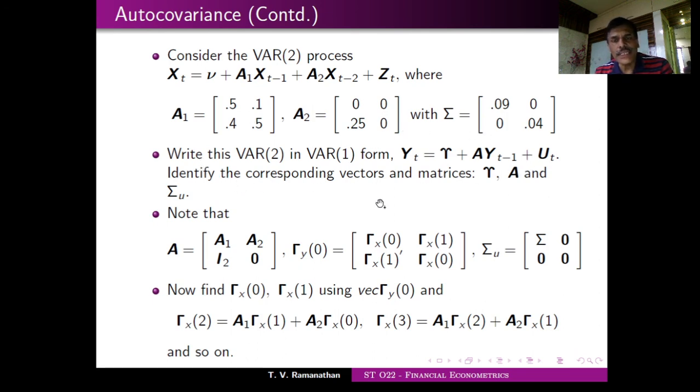Now what is additional is identify. So that is the first step which you already did. Now your A is this, gamma 0 is this, sigma is this. Now you can actually find gamma x0, gamma x1 using vec of gamma y0. So you will be able to get gamma x1 and gamma x0. And once you have that, I'll be able to get gamma x2.